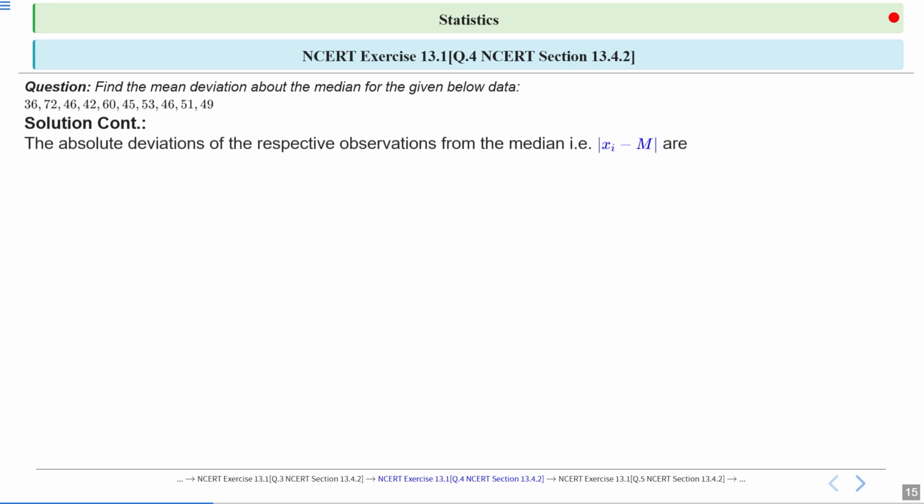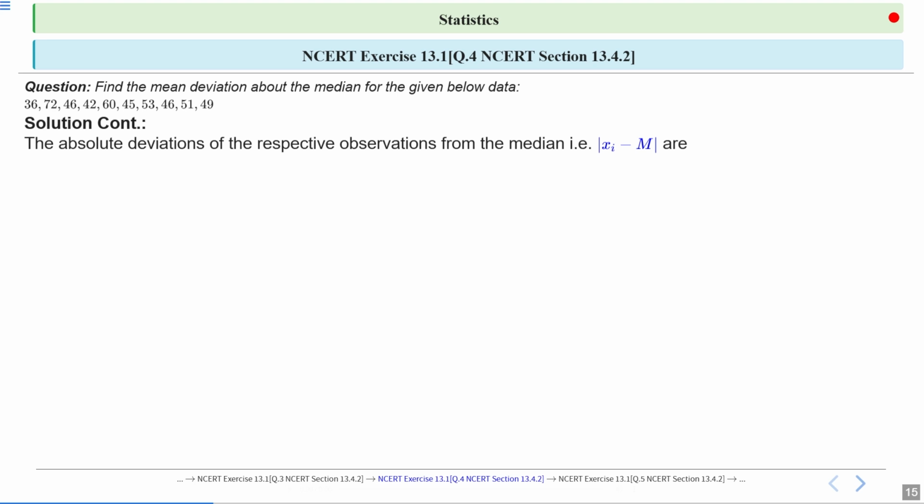Now first let's focus on finding the absolute deviations of each observation from the median. So this means for each number in our data set, we will subtract the median and take the absolute value. Okay, so the notation for this is absolute value of xi minus m.